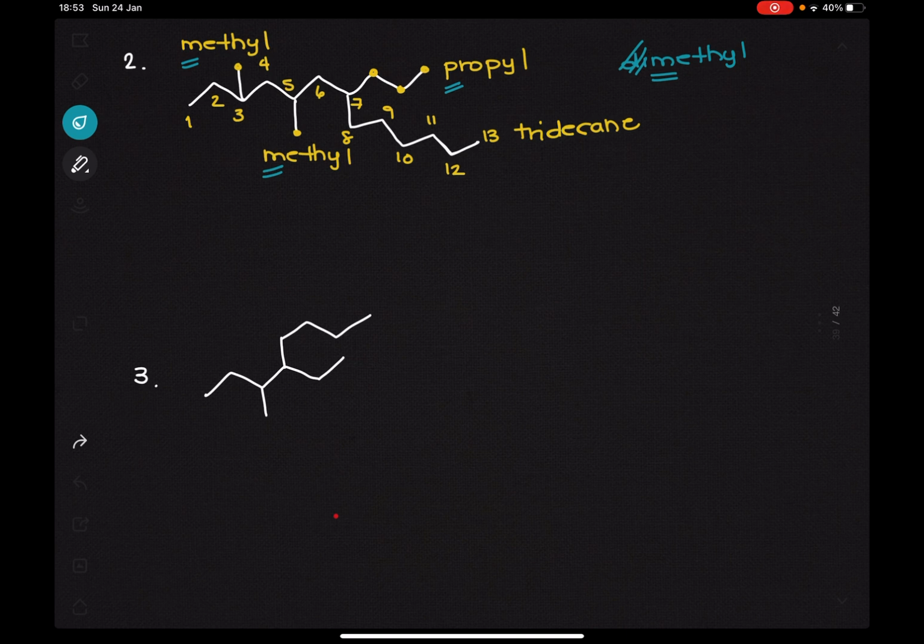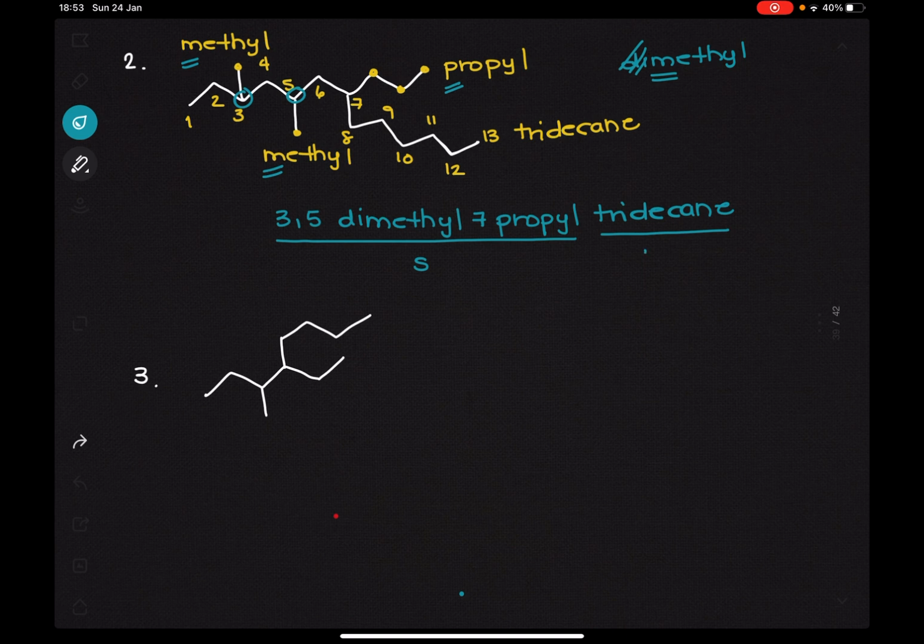So I'm going to have 3,5-dimethyl because I have 2 methyls, 7-propyl because my propyl is in carbon number 7, tridecane because this is my continuous chain. So again, these are my substituents and this is my continuous carbon chain. So that will be like my last name.